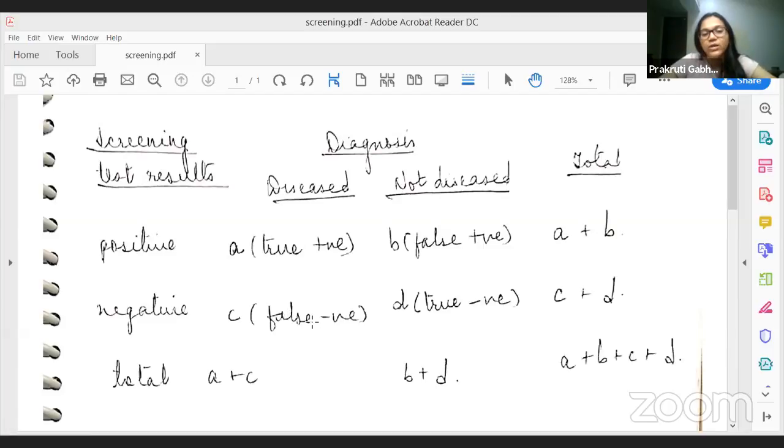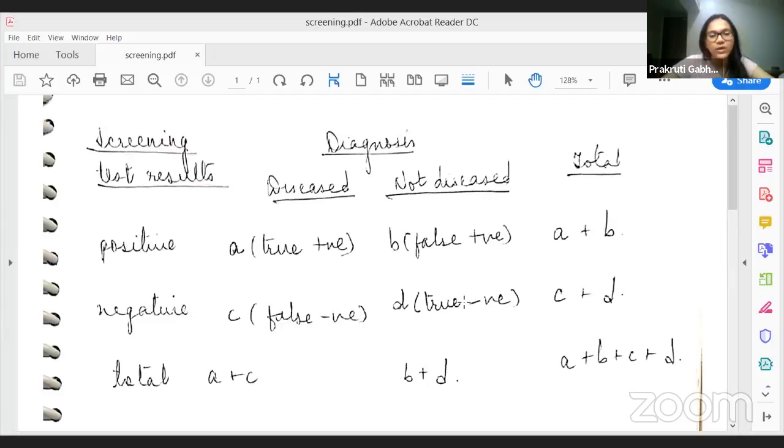This is the most troublesome problem, because you are keeping the patient in the dark by telling him he is screened out, but he actually has the disease. And D is a true negative, that is he does not have diabetes, and he has been screened out.